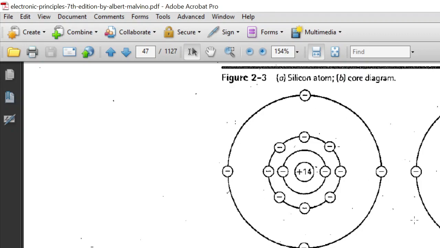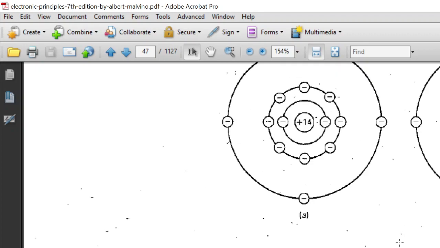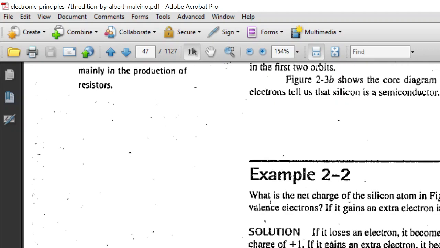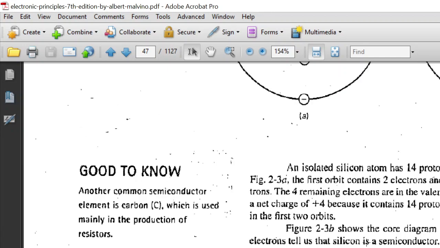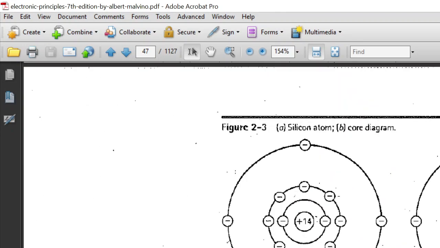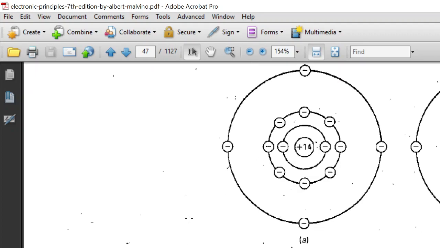So it is like this. So what is the net charge in the silicon atom? The net charge is 0 because there are equal numbers of protons and electrons.